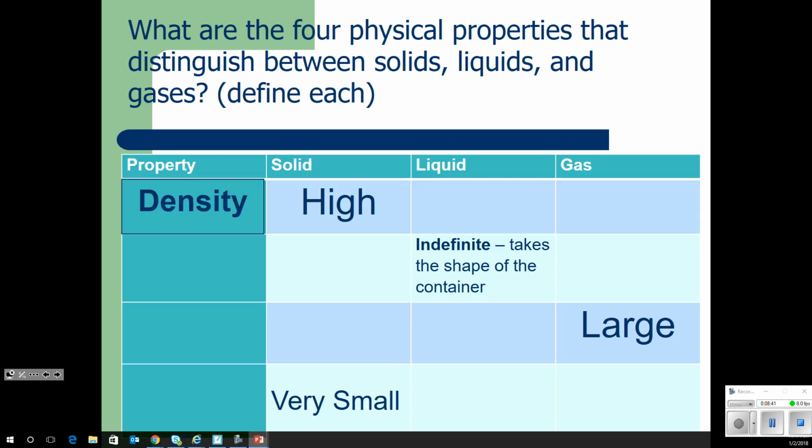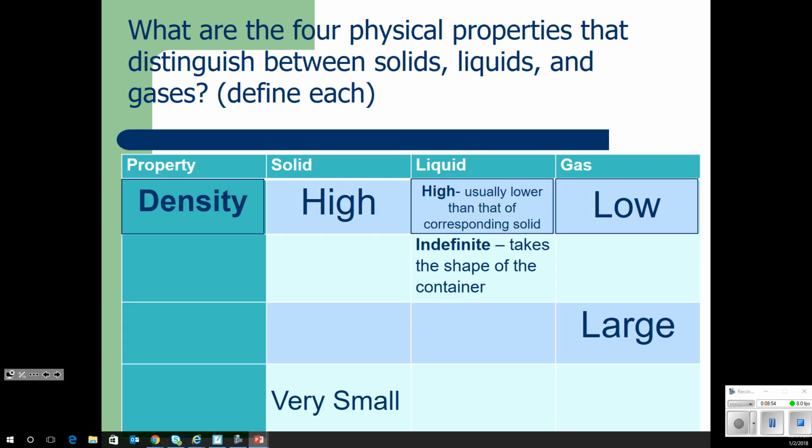So the first property we're going to talk about is density. In a solid, density is high. In a liquid, it's high, but usually a little bit lower than the solid. Okay? And gases have very low density because they are spread far apart. The next property that we're going to talk about is shape. A solid has a definite shape. Okay? We know exactly what it looks like.